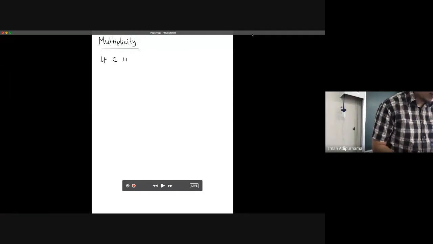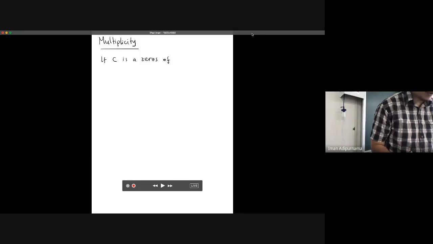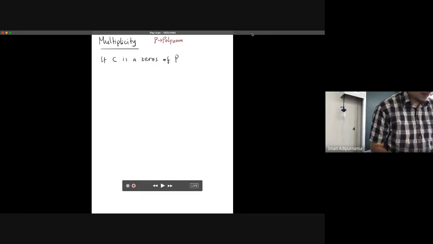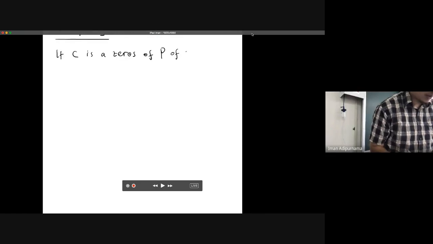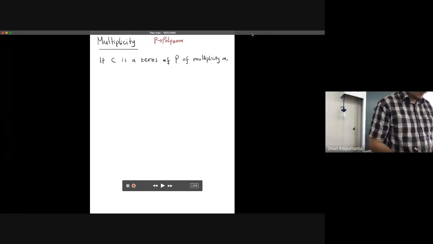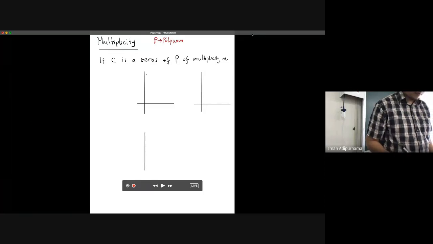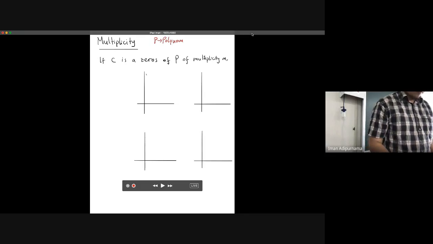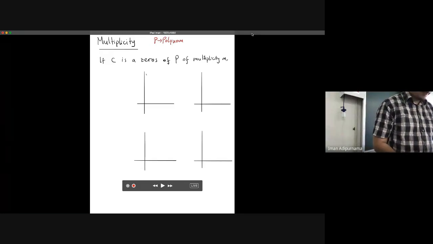If C is a zero of P, just say that P is a polynomial, if C is a zero of P of multiplicity M, then we have two cases: first is if the function is odd, and the second is if the function is even.